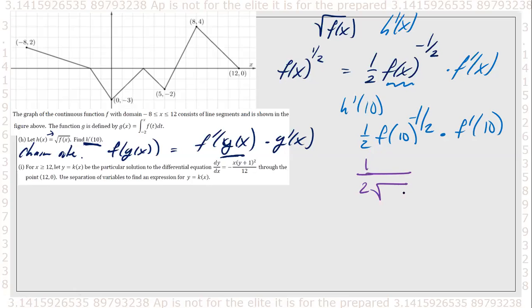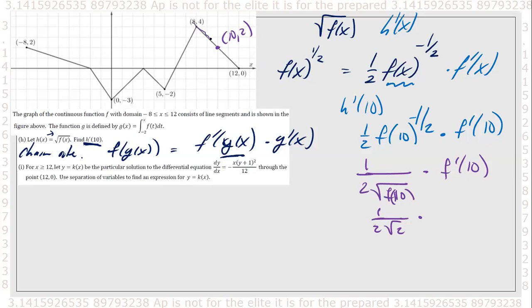I got the square root of f of 10, and the slope at 10. So let's go ahead and solve this. What is my y value when x is equal to 10? Let's figure that out. It looks like it is a 2, right? Because this is the point 10 and 2. So it's 1/2 square root 2 times whatever the derivative is right here.